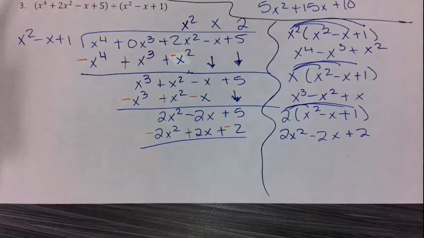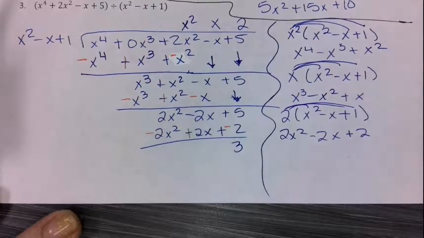And then I combine them. So positive 2x squared minus 2x squared, 0x squared. Negative 2x plus 2x, 0. 5 minus 2? 3. So how do I write my answer?